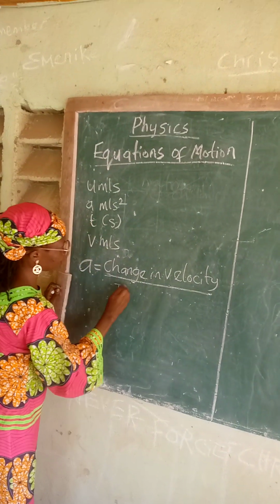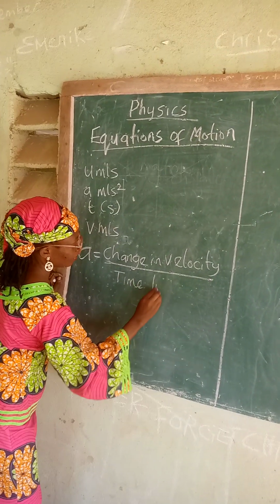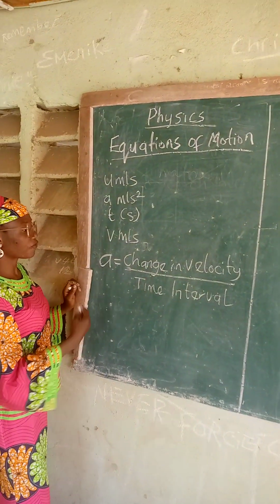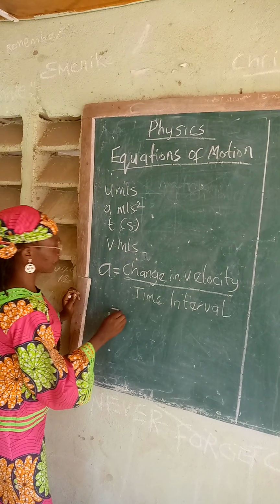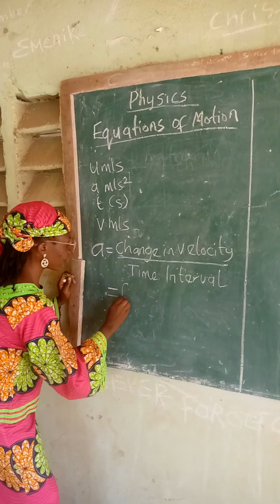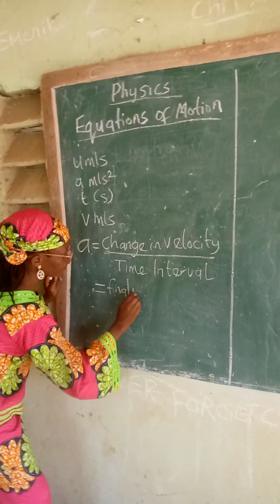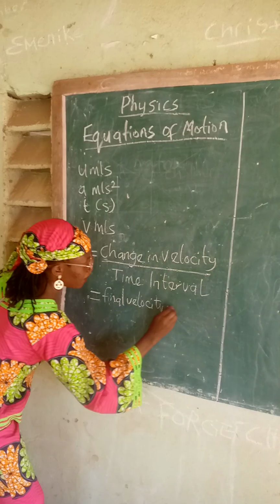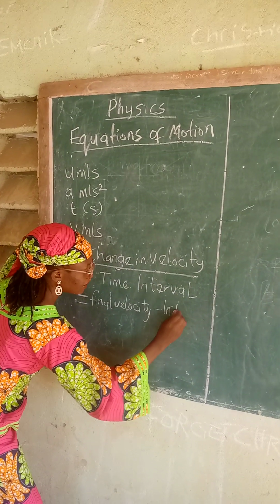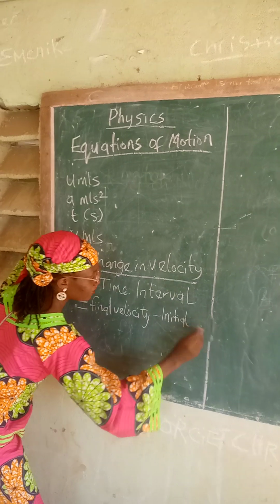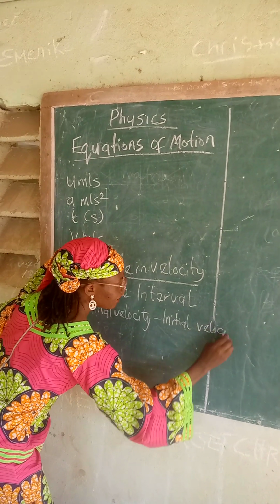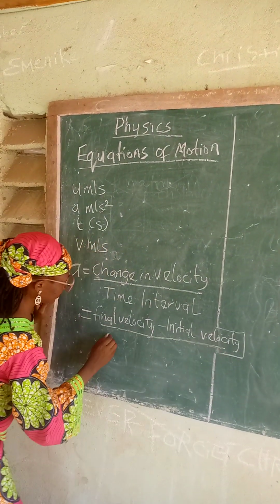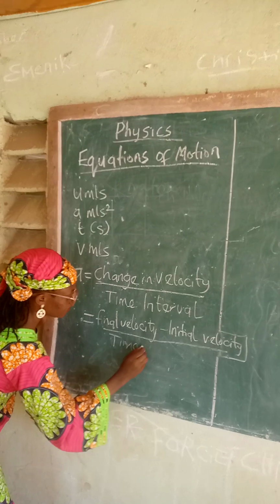all over time interval. If we further break this down, we can say that this is the same thing as what? Final velocity minus initial velocity, all over the time interval.